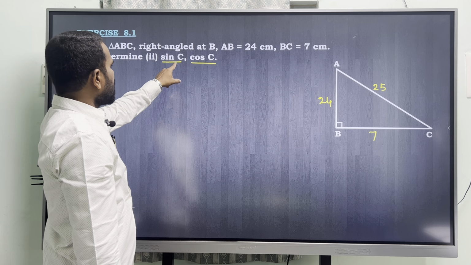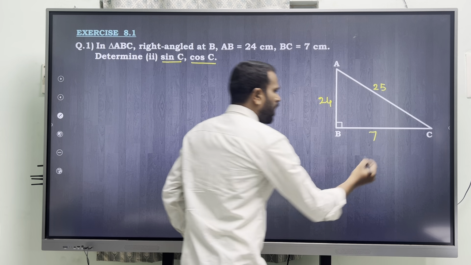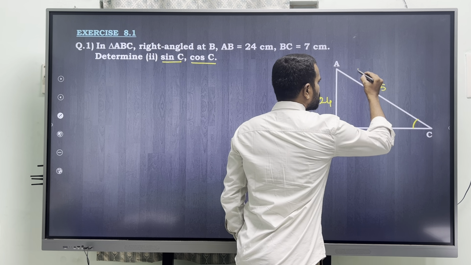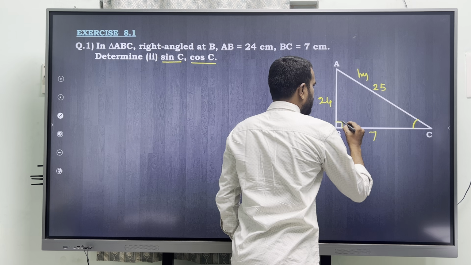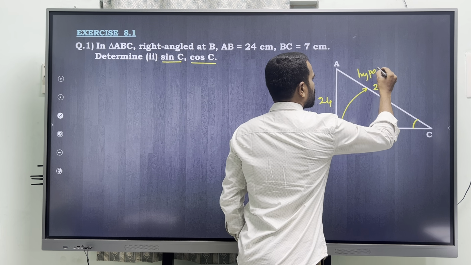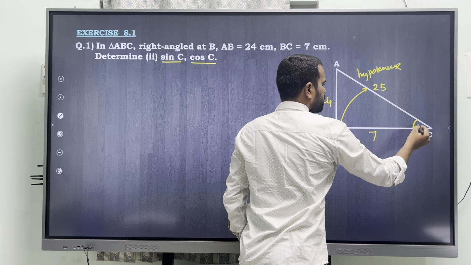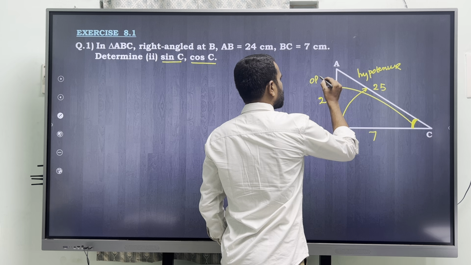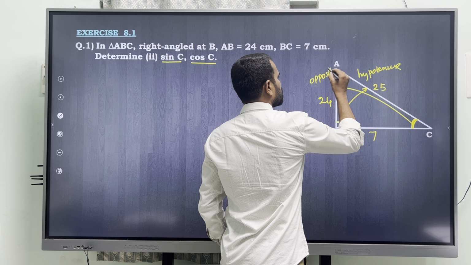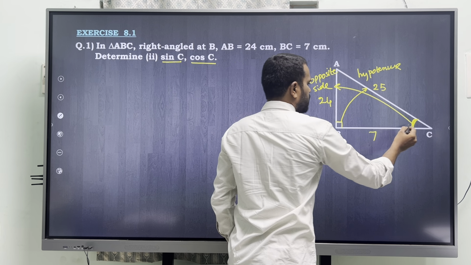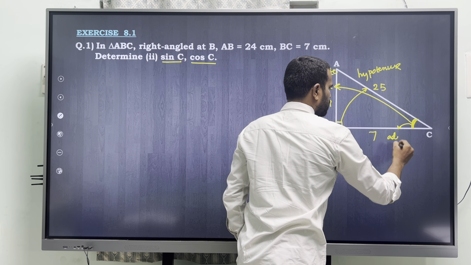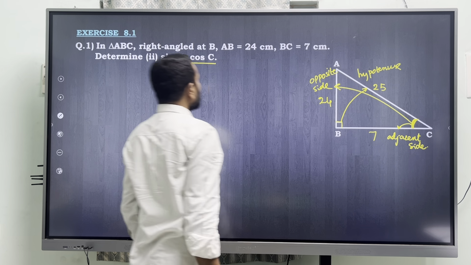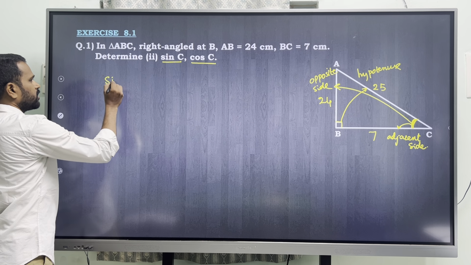Now, we have to take this as the angle C. We know this is the right angle, the side opposite to it is the hypotenuse. Opposite to angle C is the opposite side, and adjacent to this angle is the adjacent side.